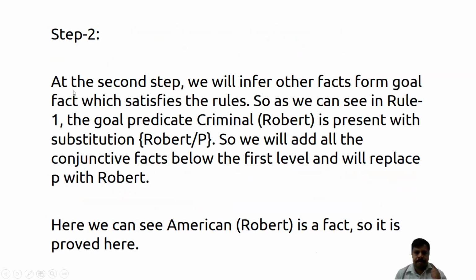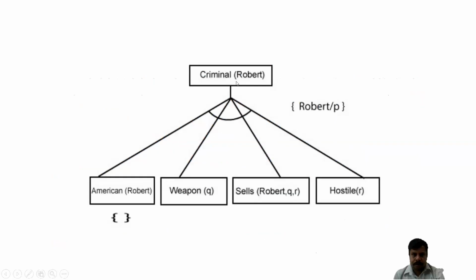So, following the predicates in step 2, we will infer other facts that satisfy the rules. What are the facts that are satisfying the rules? The goal predicate, that is criminal, is present with the substitution Robert is P. So we will add all the conjunctive facts below as follows. We can see American Robert is a fact. So it is proved here.